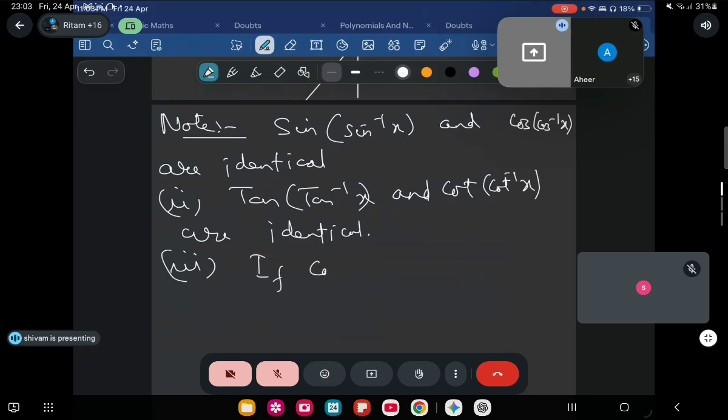Okay, wait. Next, similarly, cot of cot inverse x.